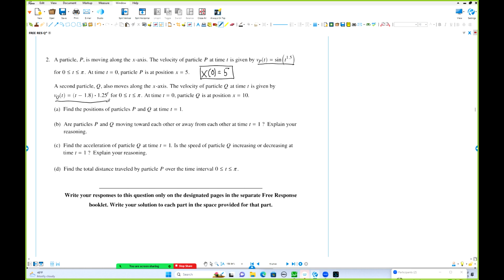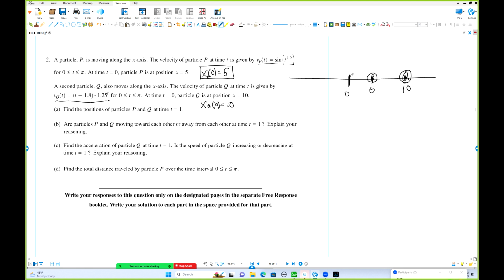At time t equals 0, the position of Q is 10, okay? So when you have the line, this is 0, particle P starts from 5 here. Particle Q is at 10 over here. From here, they're gonna start, okay?